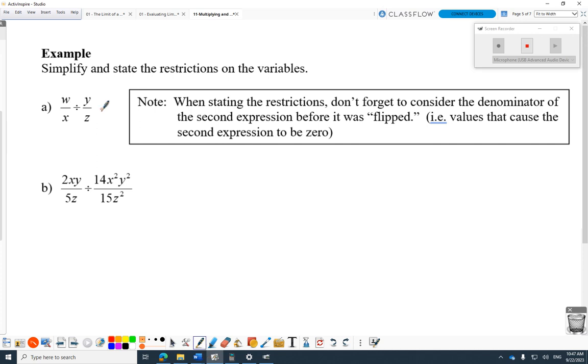We state the restrictions. X, comma, Z can't be equal to 0. Do you see them? You can't divide by 0. State the restrictions. Factor if you can. There's no factoring to be had in this question. So then the thing you have to know with division is that becomes W over X times Z over Y.